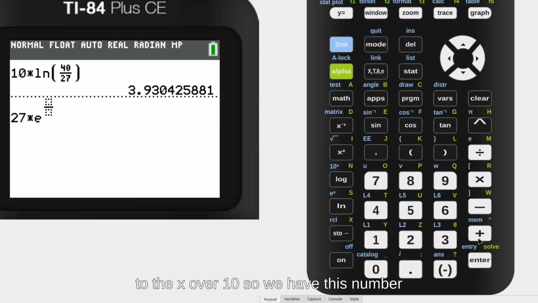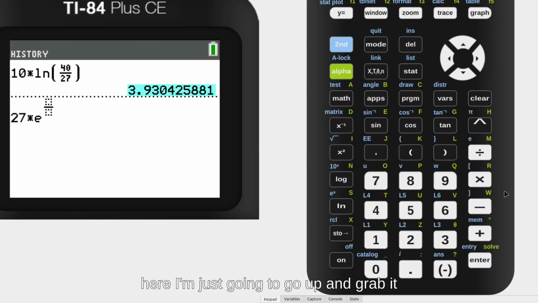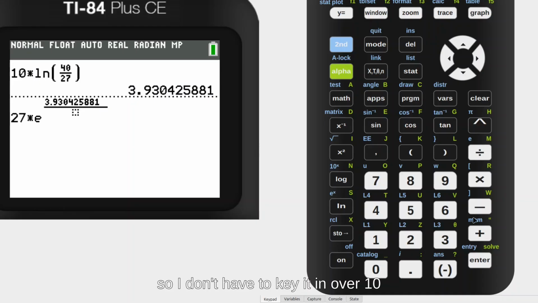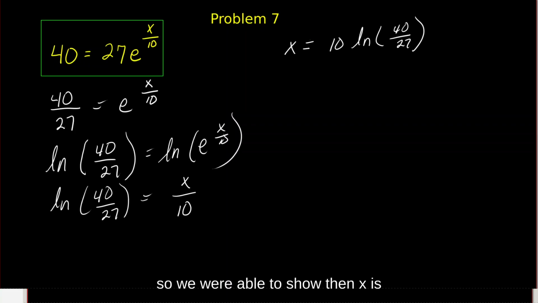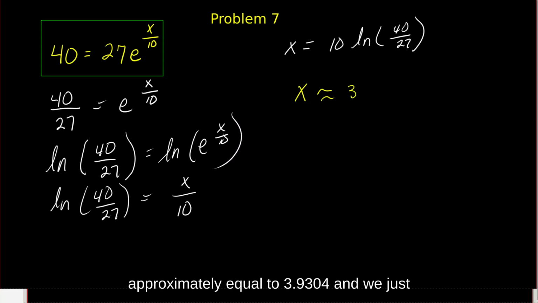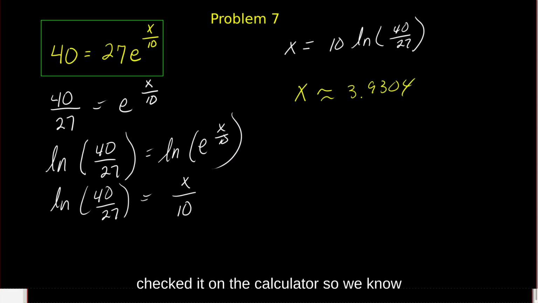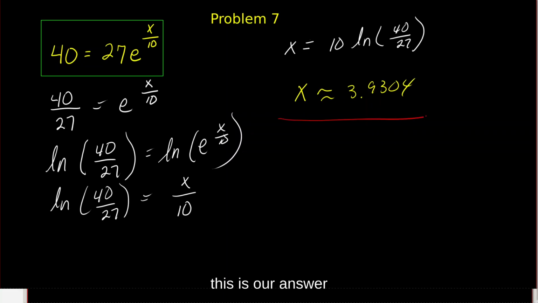I'm just going to go up and grab the number so I don't have to key it in, over 10, and it equals 40. So that checks out. So we were able to show then x is approximately equal to 3.9304. And we just checked it on the calculator, so we know this is our answer.